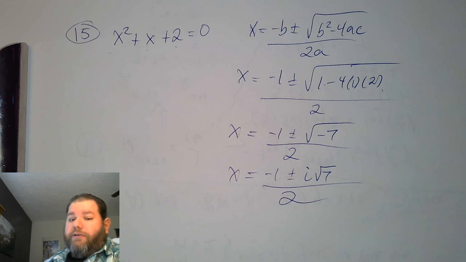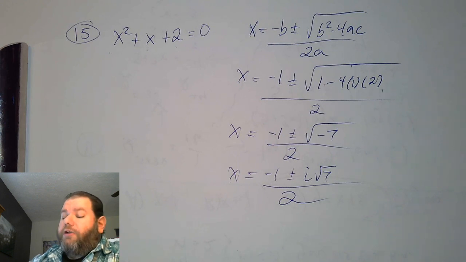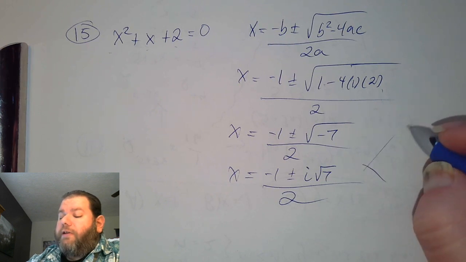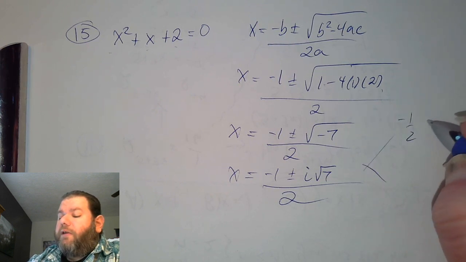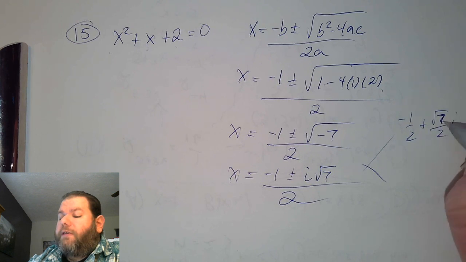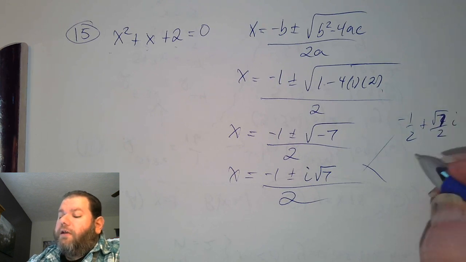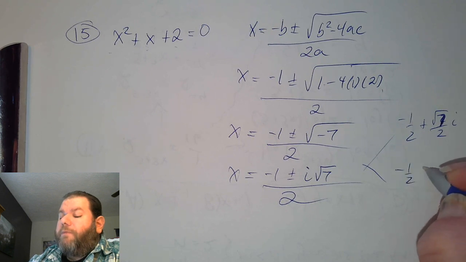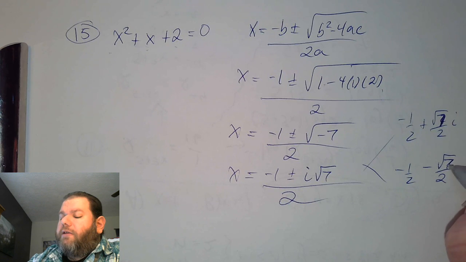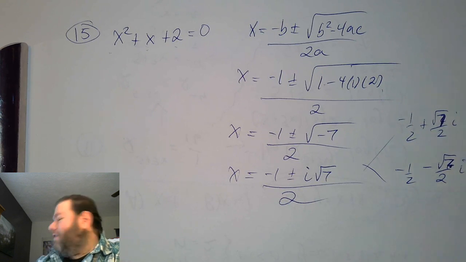Now, if you look at the answers that the exam gave, it actually wrote them separately, and it said negative 1/2 plus square root of 7 over 2 times i. That's a 7, sorry. And then negative 1/2 minus square root of 7 over 2 times i.